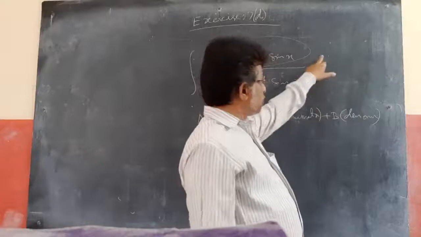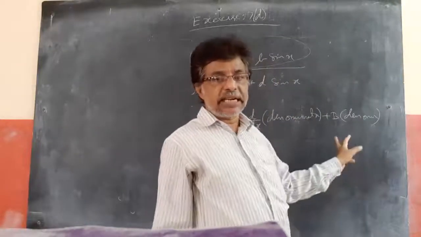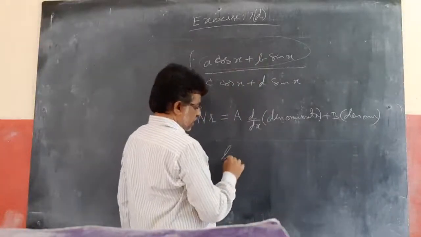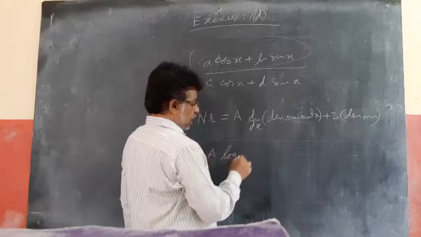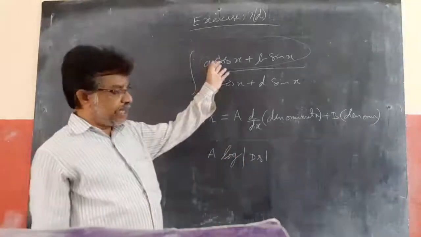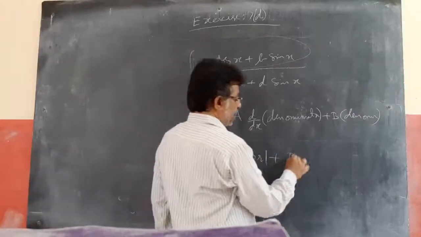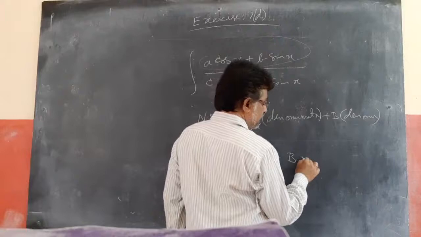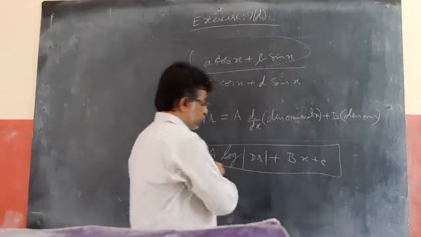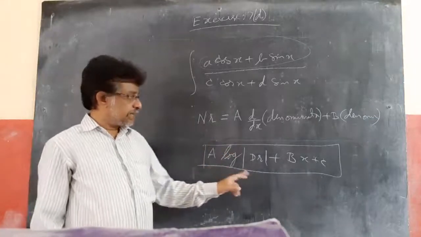The denominator is this only, so numerator and denominator both become the same and cancel. So the final result you get is a into the integral of f dash x by fx, which is log mod fx, plus b into the integral of 1 dx, which is x, plus c. This will be your answer.